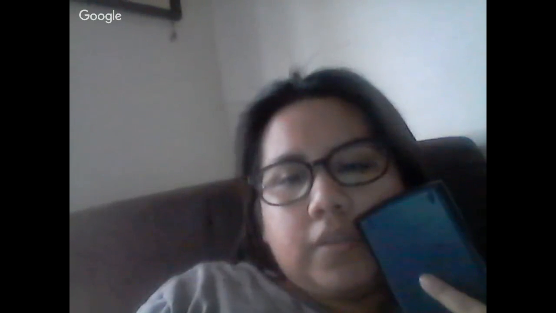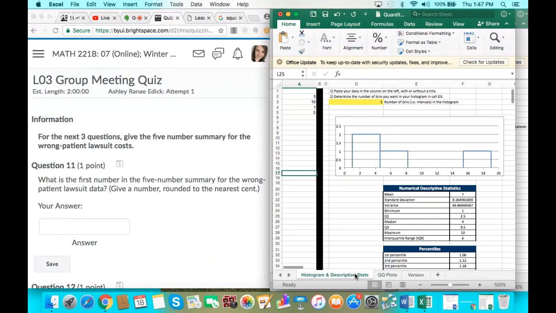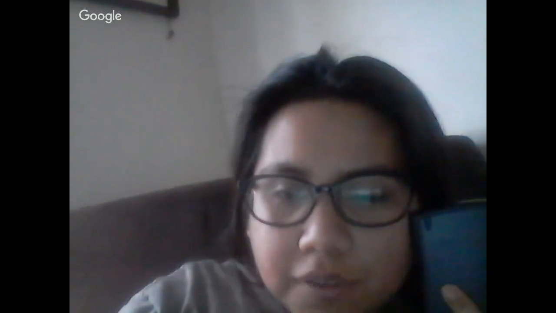It's the other one you had before. This one? Yeah. Because the minimum, the Q1 quartile, the median, the Q3, and the maximum, those are the 5 numbers, right?